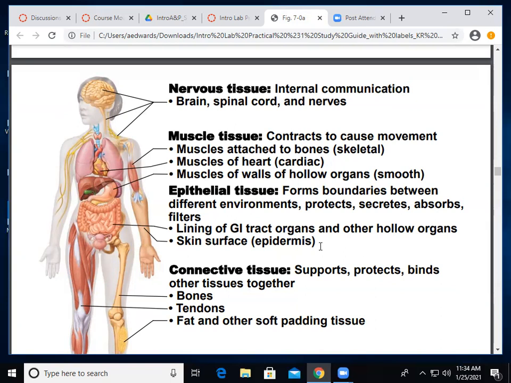And we have epithelial tissue. What is its job? Be a boundary between different environments, inside and outside. It provides protection, secretion, absorption, and also serves as a filter.